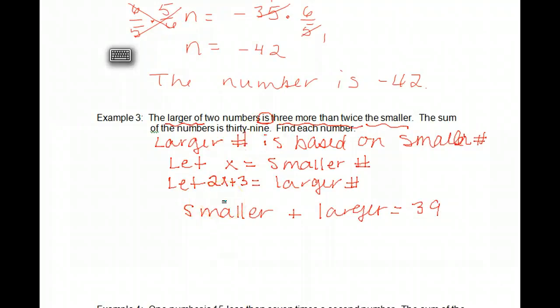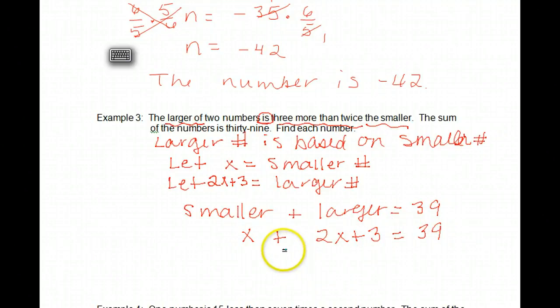So at this point, we can make a substitution using the expressions that we wrote in our let statement. My smaller number is being represented by x, and I'm going to add that to my expression that I wrote for my larger number, which is 2x plus 3. And that is all equal to 39.